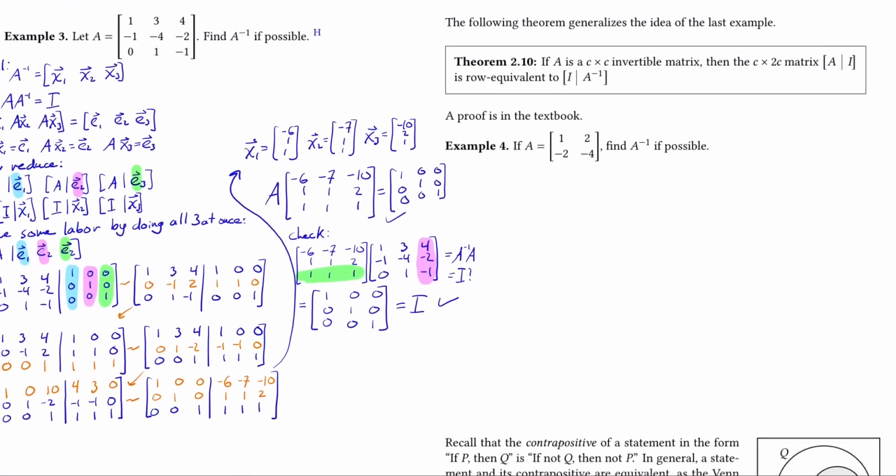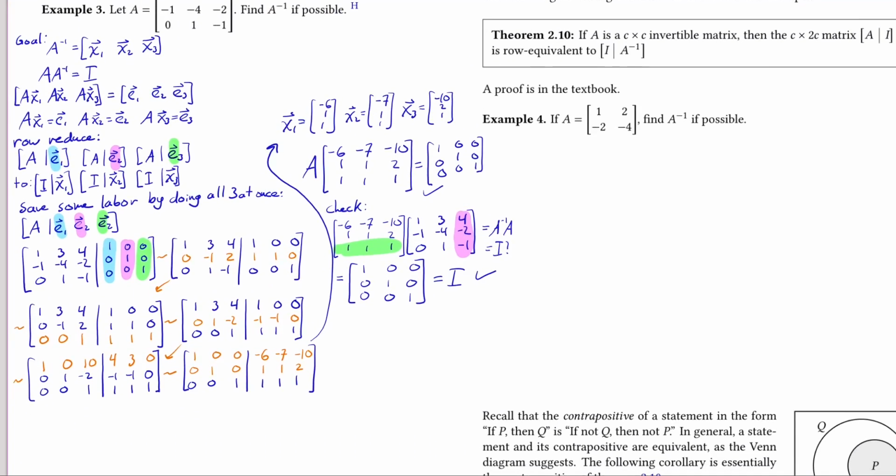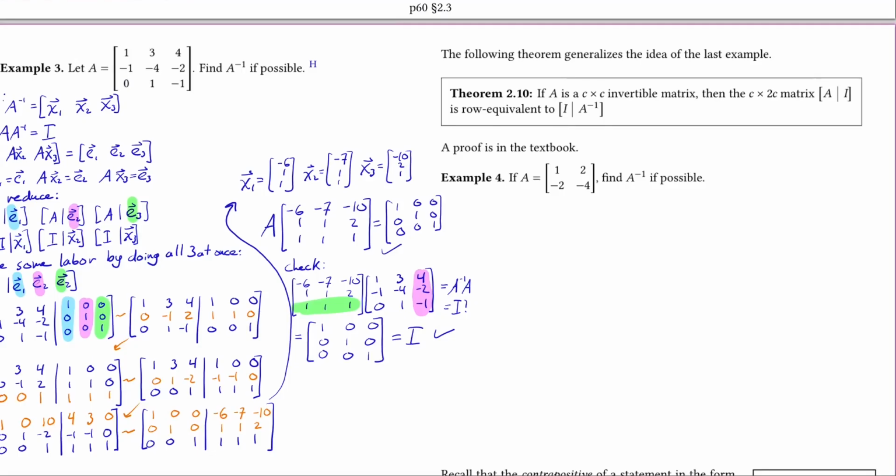Sounds good. So this example is an example of what theorem 2.10 says, that if A is a C by C invertible matrix, then this big augmented matrix, augmented with the whole identity matrix there, is row equivalent to the identity matrix augmented with A inverse.